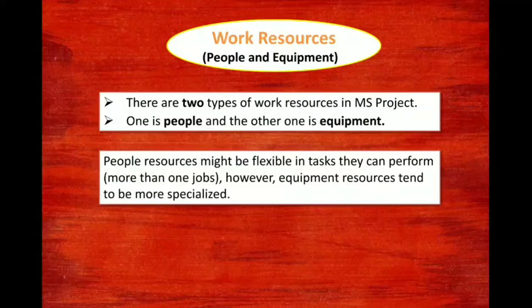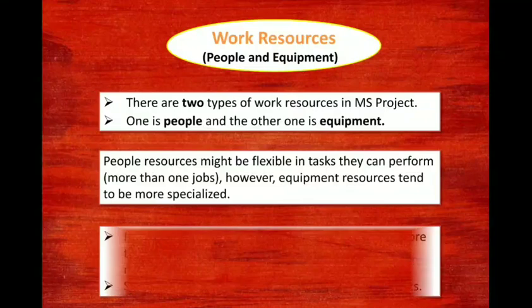You need to give the timings differently, else there will be over allocation of that resource, because the resource is one, and at the same time he cannot work for two activities. How to bifurcate this we will see in our practical session.